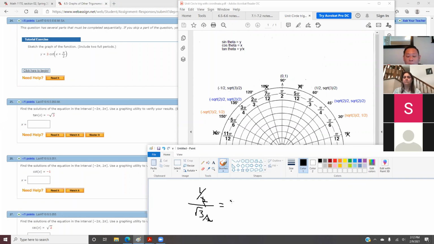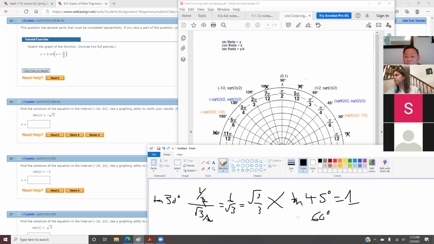So this becomes 1 over √3, which is √3/3. Unfortunately, it's not the same as this, so it's not going to be 30 degrees. 45 degrees, when you divide this, is exactly what? You will get exactly 1. So tangent 30 degrees will give you this, tangent 45 will give you 1.